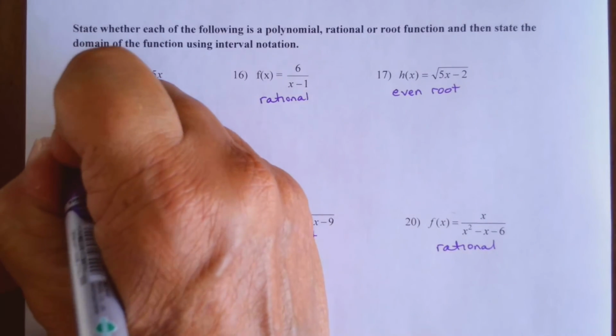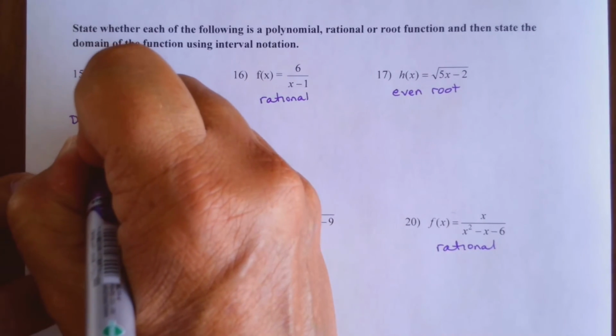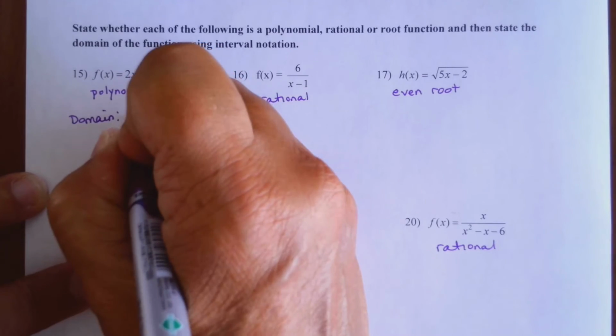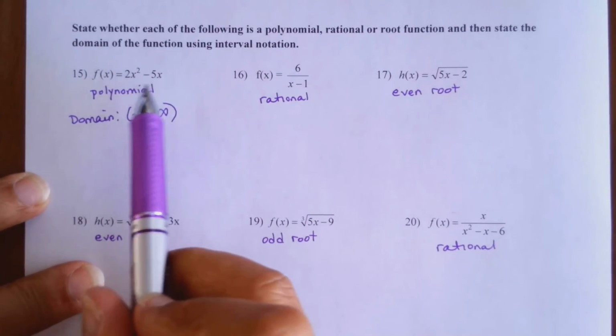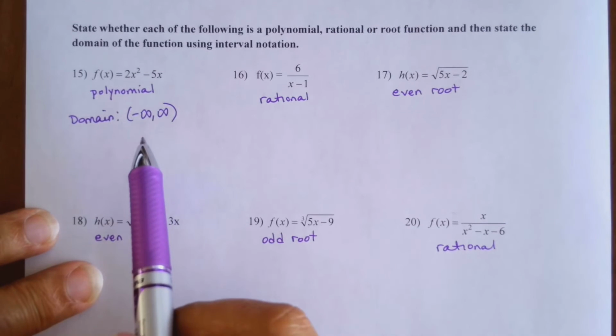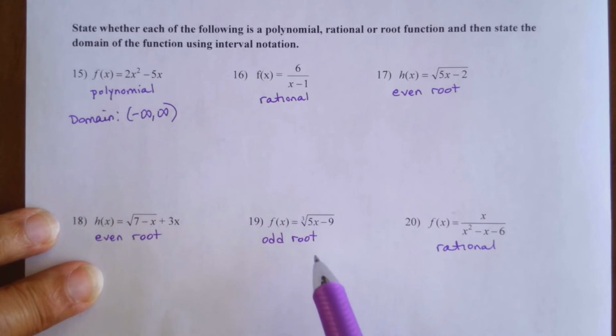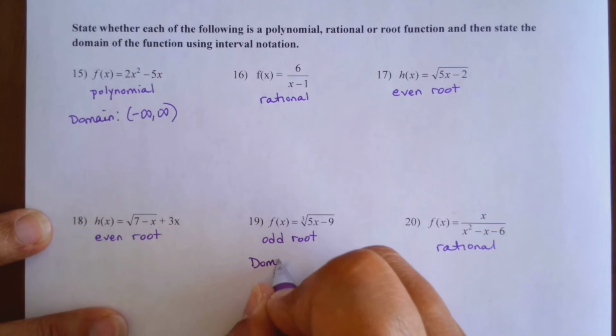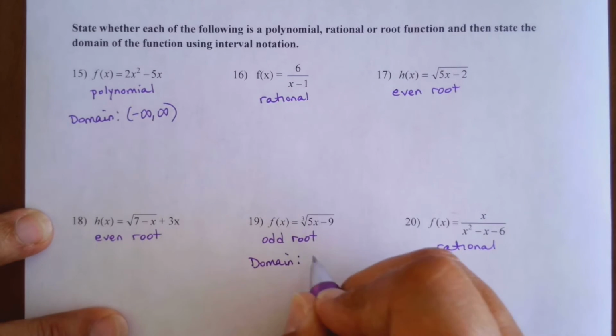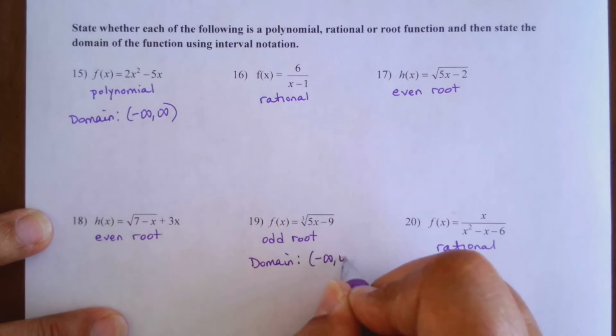So remember what we just did on the last page. If I am giving you the domain of any polynomial function, it is all real numbers. I can use any number in here and I can get an answer. Same thing with odd roots. If you have an odd radical, then the domain is all real numbers. So I'm just trying to put together what we just did on that last page.